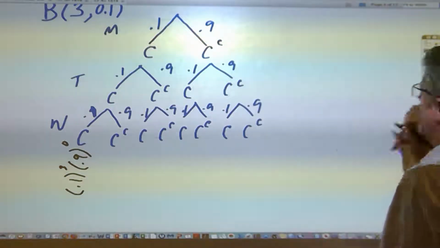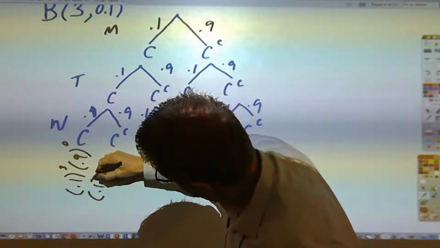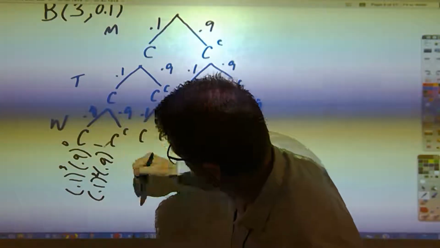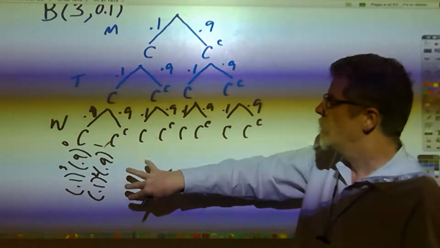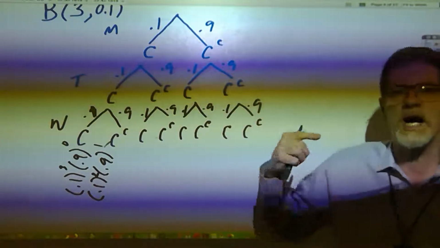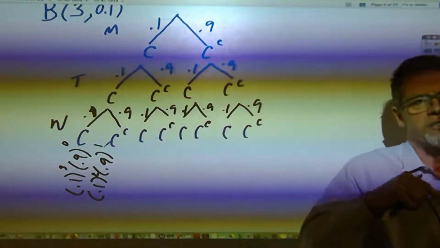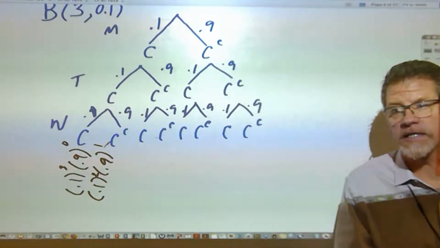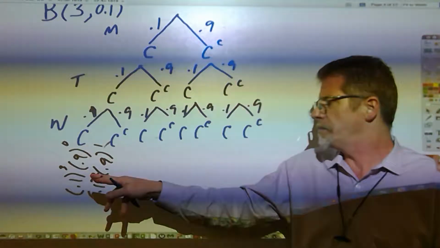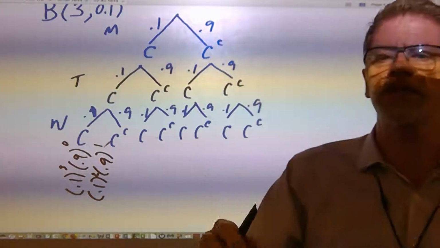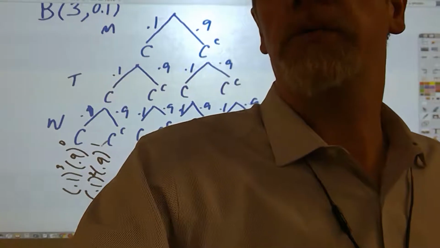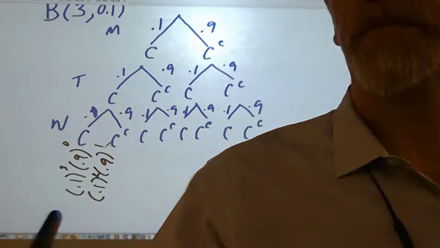So that's going to be 0.1 squared times 0.9 to the first. There's 2 days of no school and 1 day of school. Would you please fill in the other 6 branches, writing sideways, using both a 0.1 to some number and then a 0.9 to some number. I'm going to pause the camera and then we'll pick up when you've had a chance to finish that.